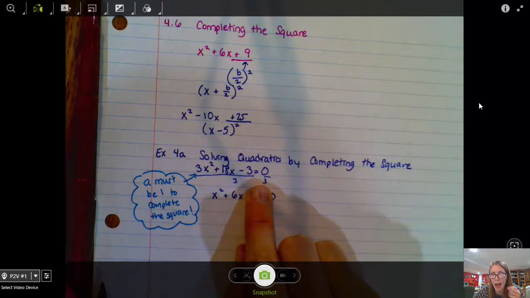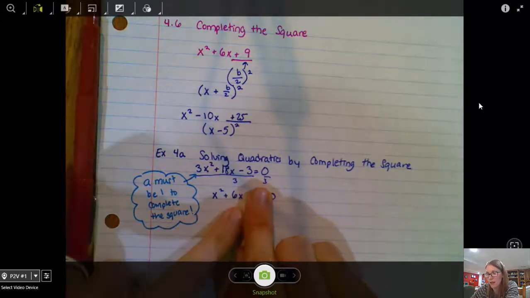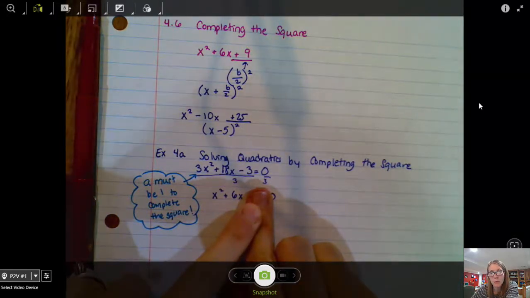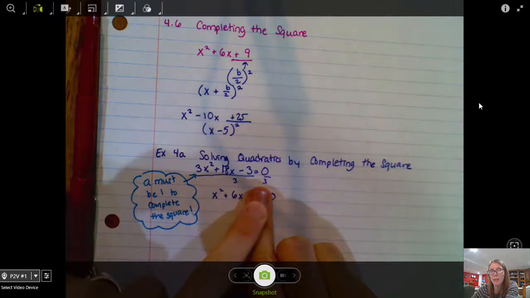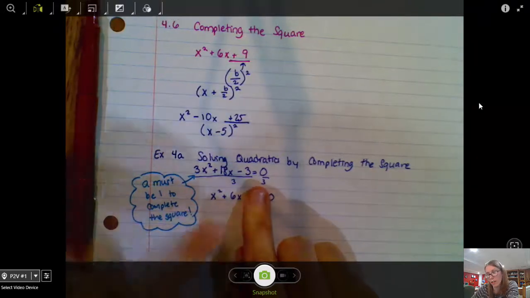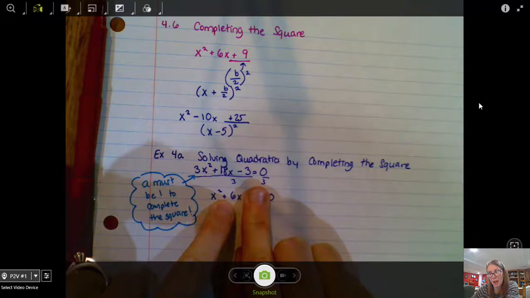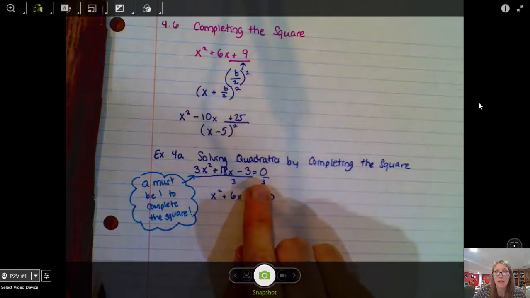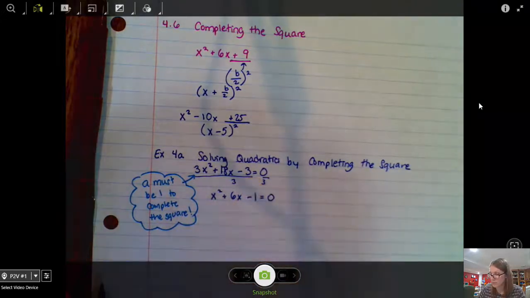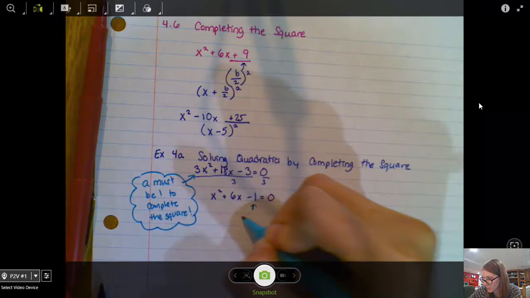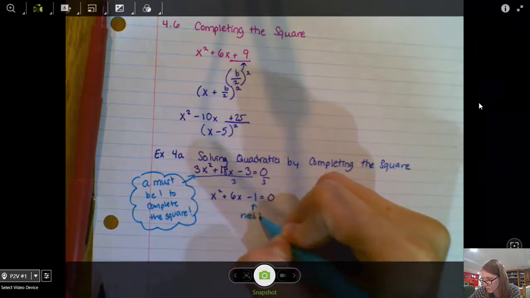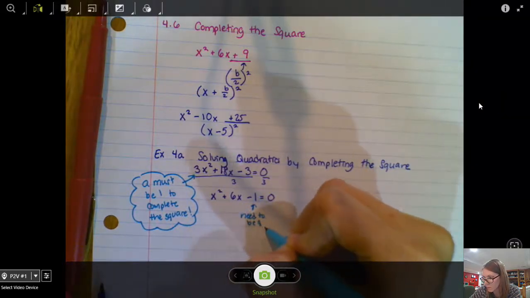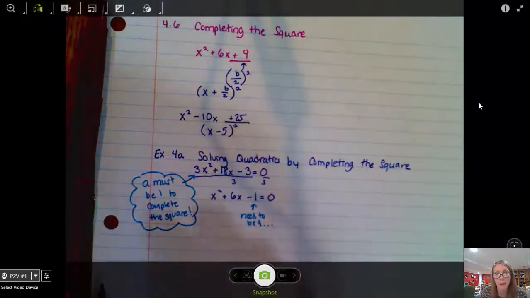But just get in the habit of thinking, in order to complete my square, I have to take b divided by 2 and square it. b is 6, divided by 2 is 3, squared is 9. I need this number to be a 9. So how am I going to get there?